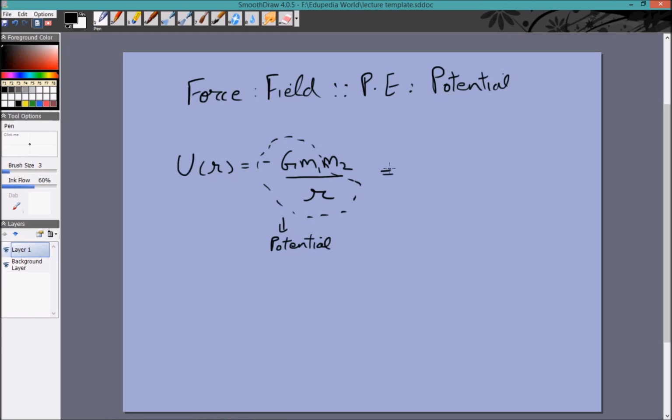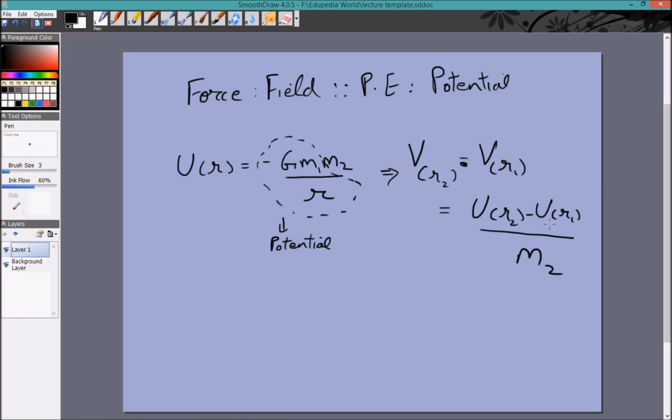So in that case, the potential energy between 2 points, let's say R2 and R1, is simply the potential at R2 minus the potential at R1, multiplied by M2. Keep in mind M2 and M1 are not right now symmetrical. We are studying M2 and M1 is our source of potential.